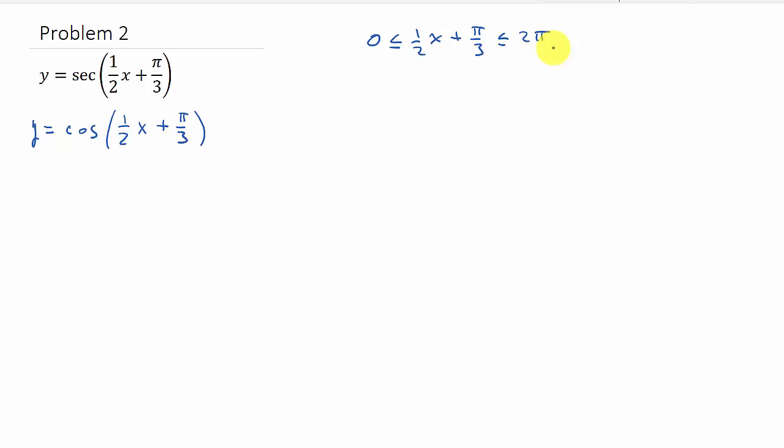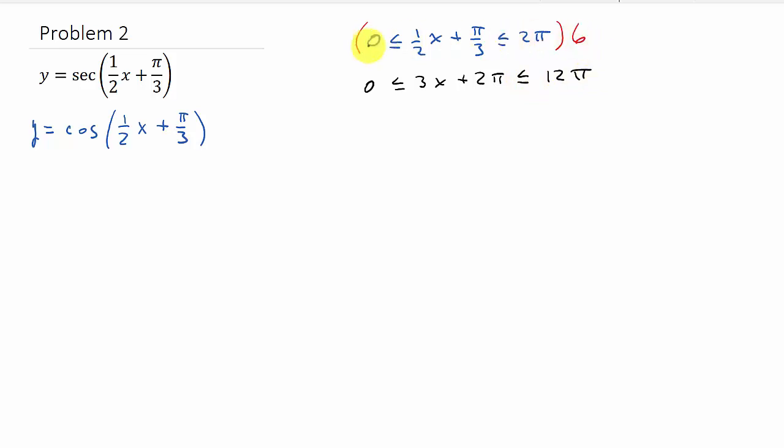So to do this, let's multiply everything by 6 and get rid of the fractions. So that's 0 less than or equal to 3x plus 2 pi less than or equal to 12 pi.